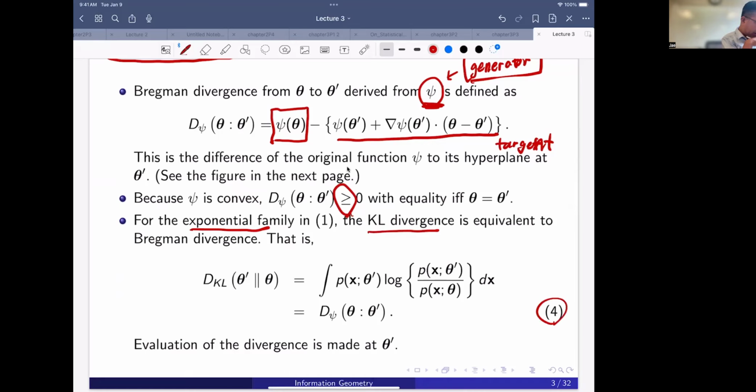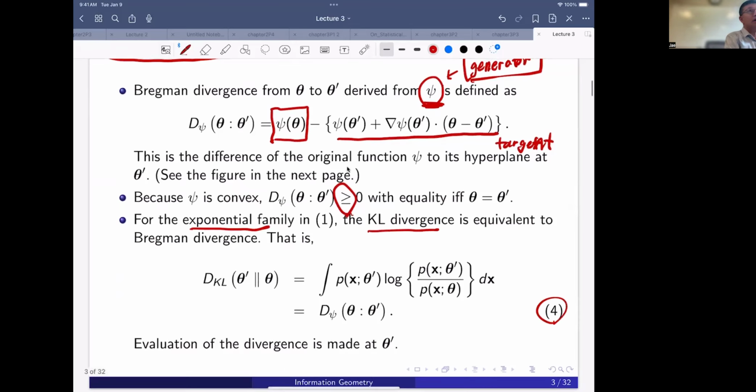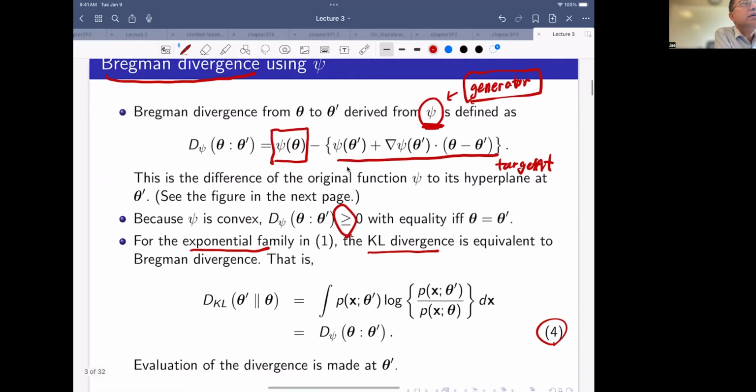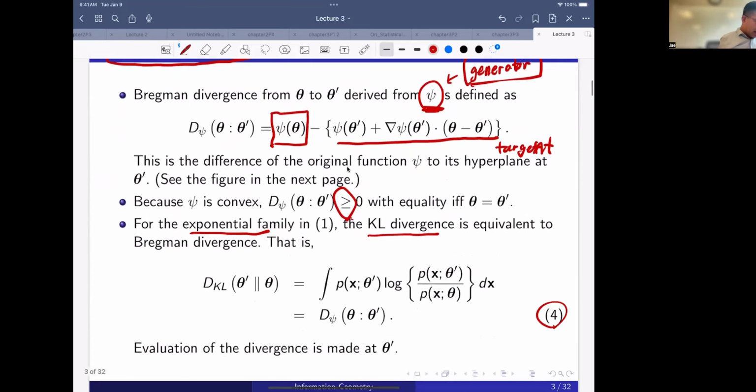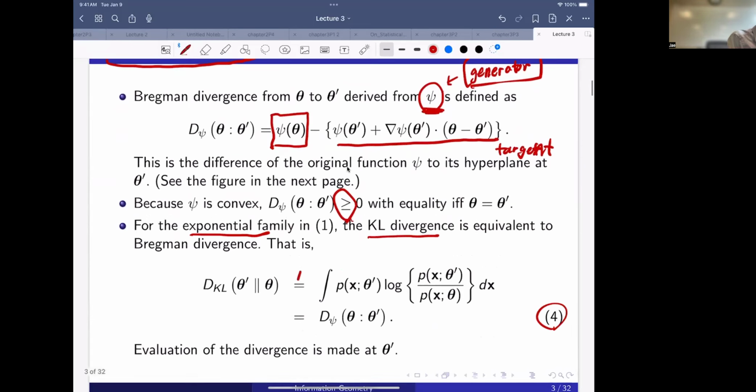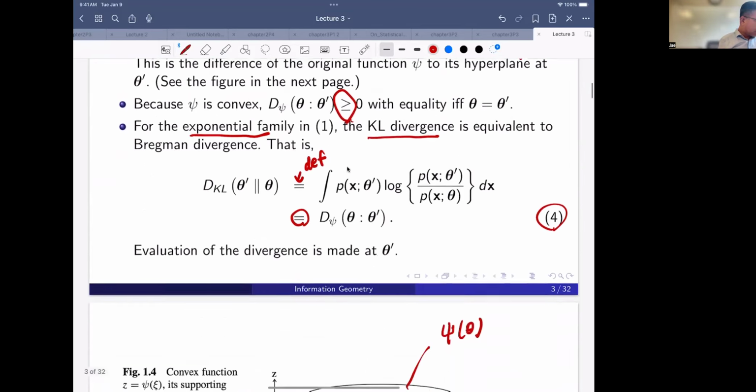The Bregman divergence is defined for any convex function, strictly convex. This is the definition of Kullback-Leibler, and this is the property that we can derive from Kullback-Leibler.